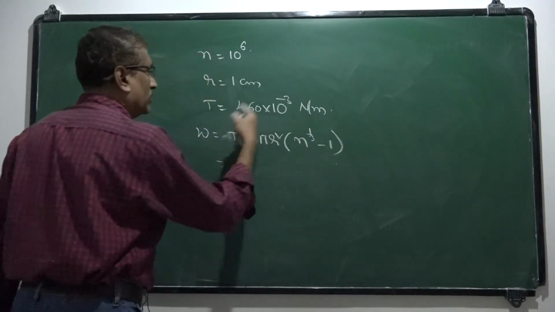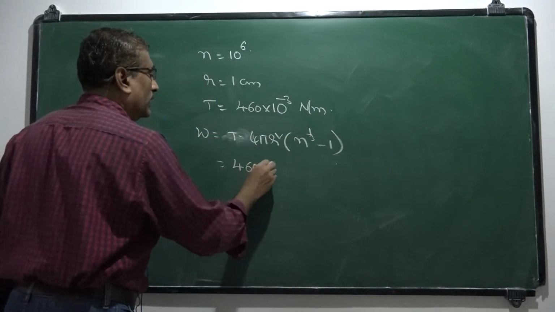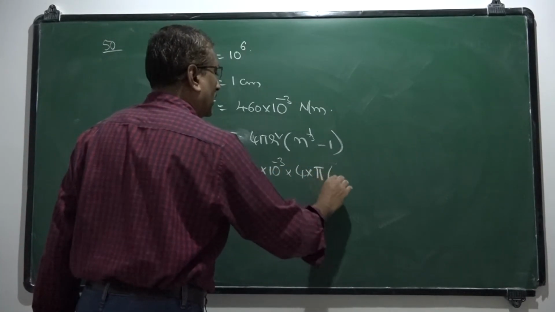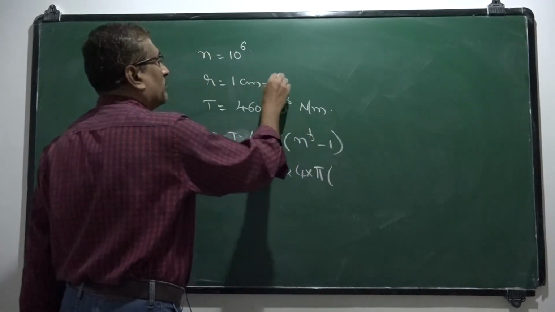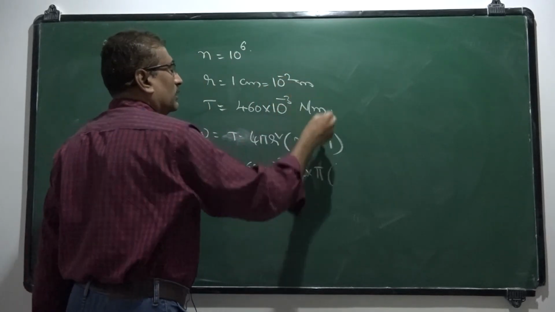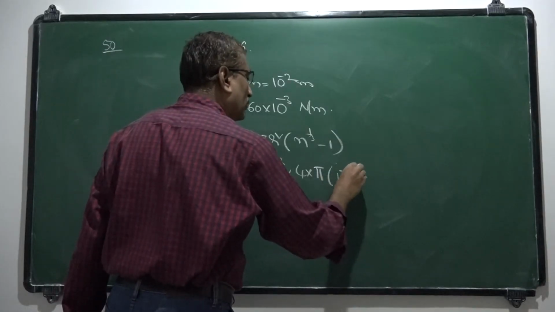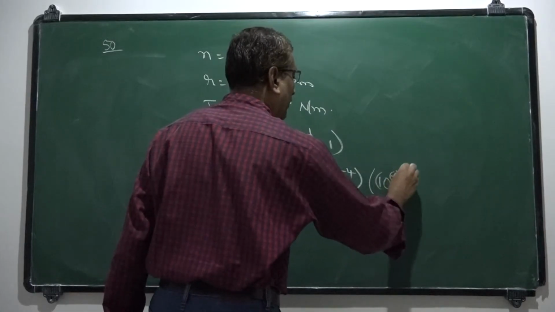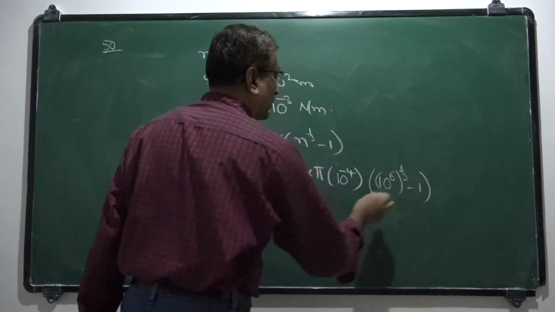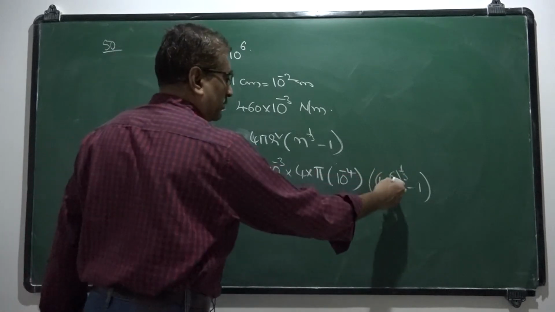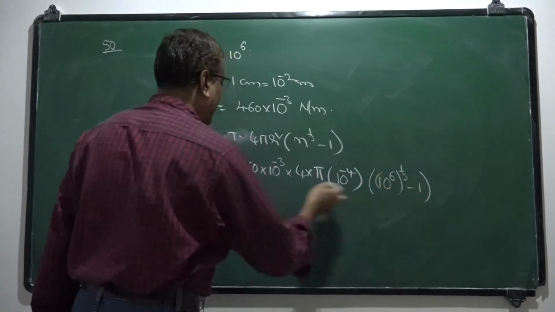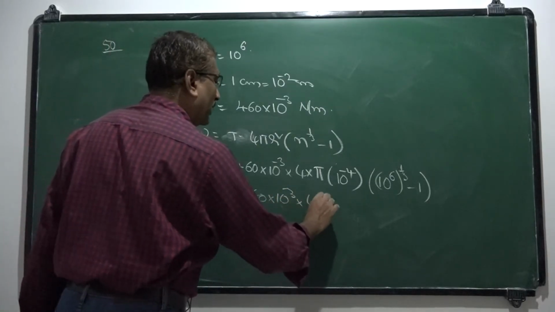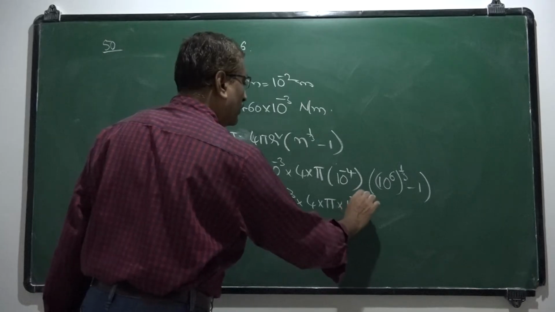Substituting all these in this equation, 460 into 10 power minus 3, 4 pi, r square is 10 power minus 2 meter whole square, which means 10 to the power minus 4, and here it is 10 to the power 6 whole power 1 by 3 minus 1, that is 10 square minus 1, 99. So 460 into 10 power minus 3, 4 pi, 10 power minus 4 into 99.